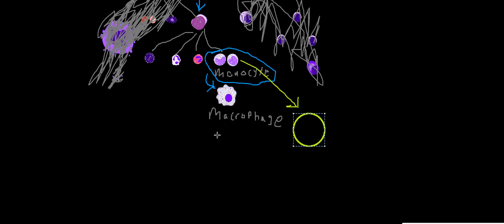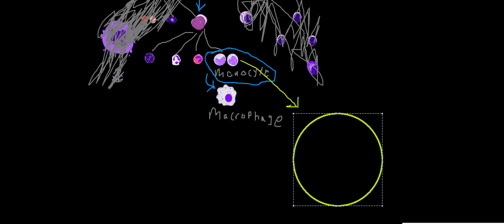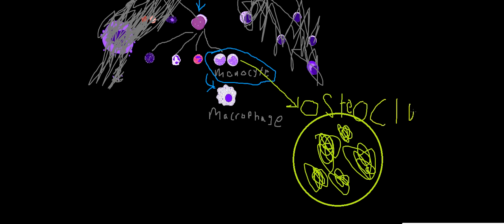Remember, osteoclasts are large and multinucleated, so they have multiple nuclei. That would only be possible if multiple cells fuse together. Well, that's one way of it being possible. So let me write that down. Osteoclast. And it's kind of mind-boggling that an osteoclast comes from the fusing of multiple monocytes.